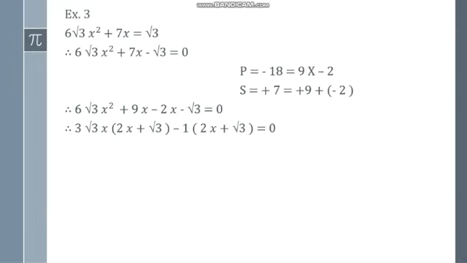So we get 3 common as well as √3 common. The next step is 3√3x as the common factor. From 6√3x², 2x remains, and from 9x, √3 remains.